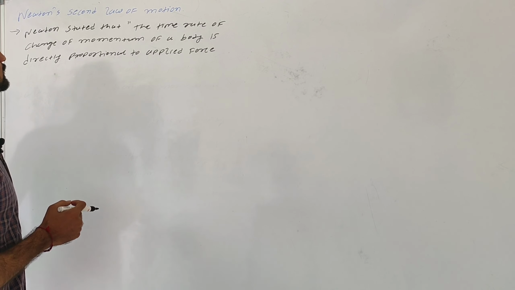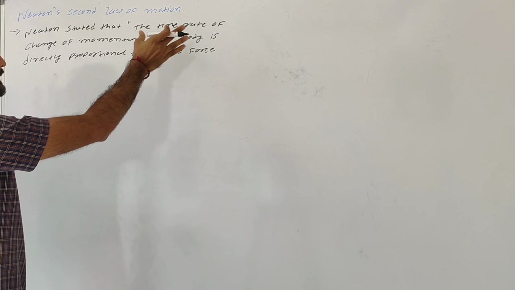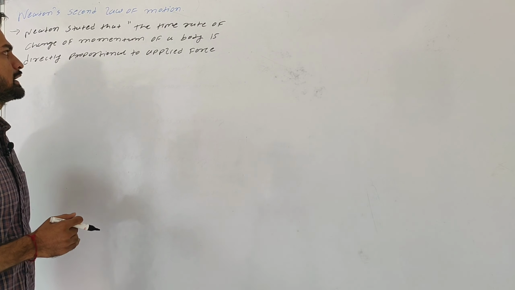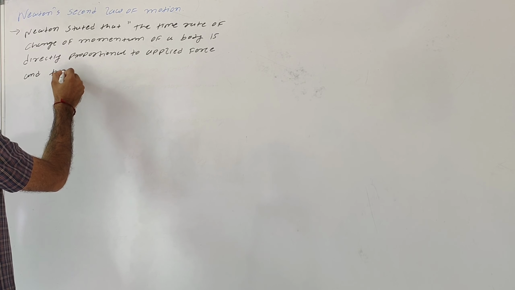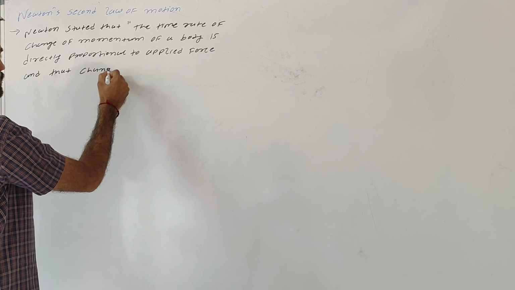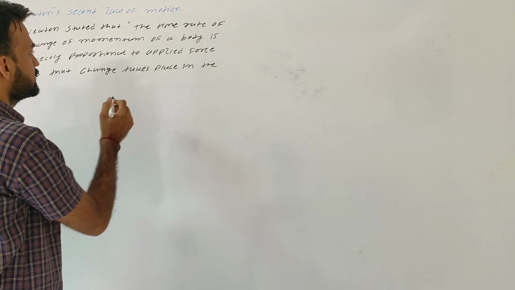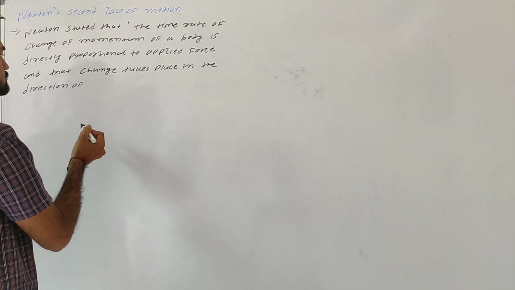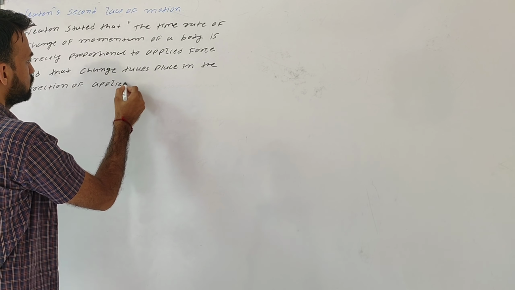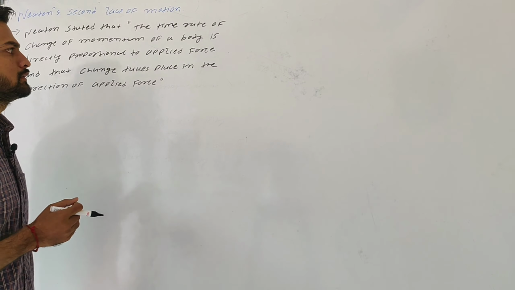So from it, Newton's second law of motion states that the time rate of change of momentum of a body is directly proportional to applied force, and that change takes place in the direction of applied force. Means change in momentum takes place in the direction of applied force.